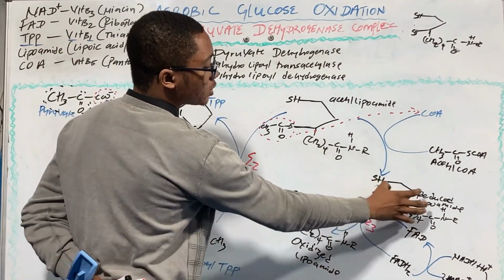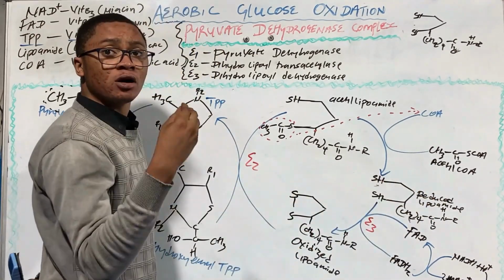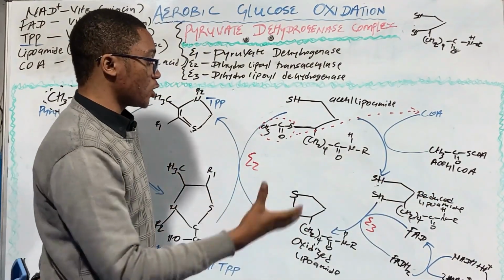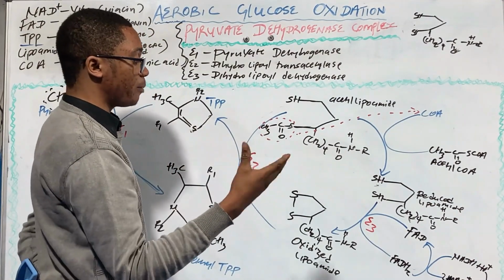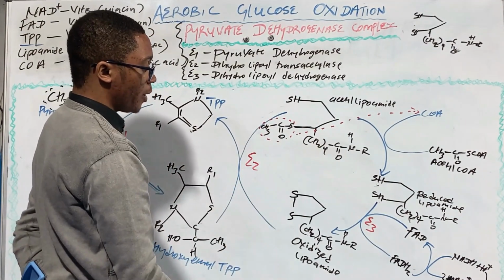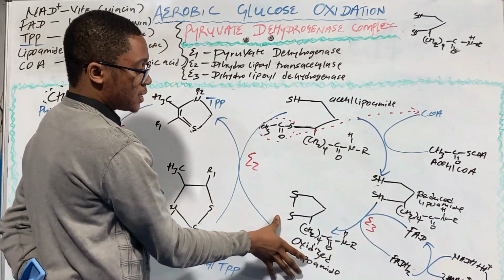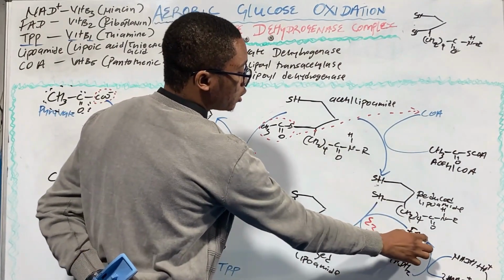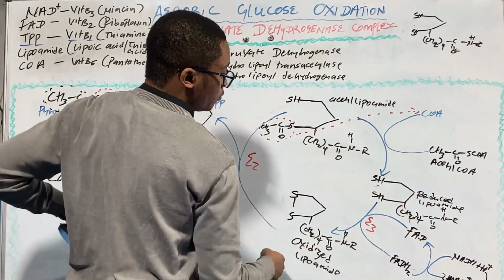And now, because this lipoamide is reduced, it is no longer available for the second molecule of pyruvate to go through this step again. So it has to be re-oxidized, and these electrons are taken off by FAD.